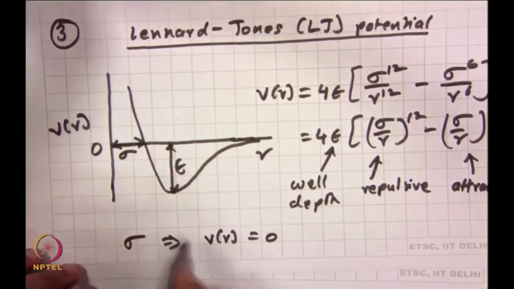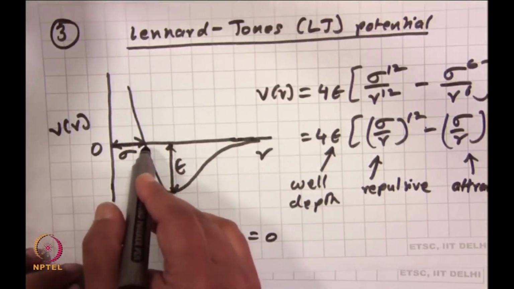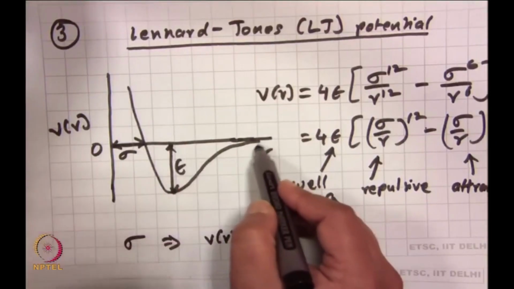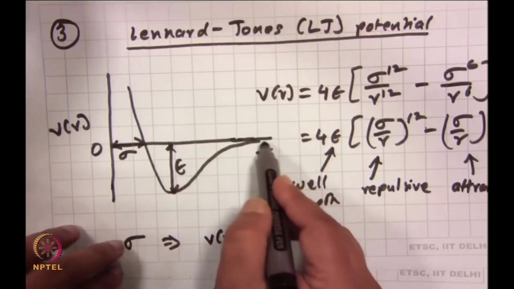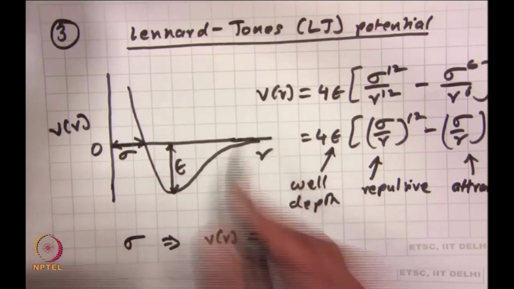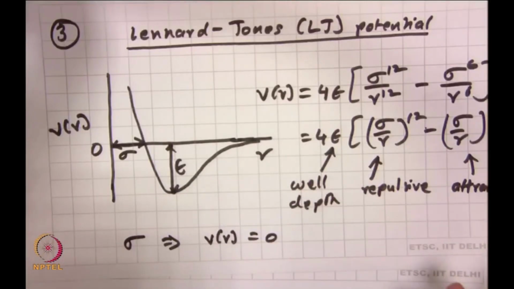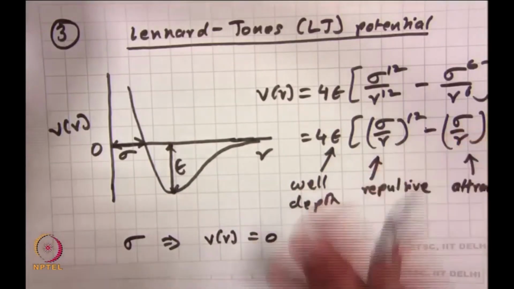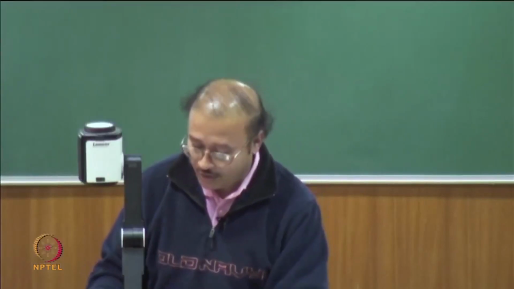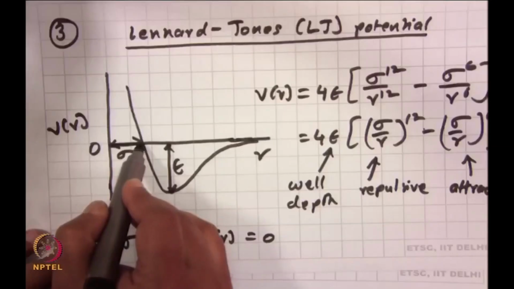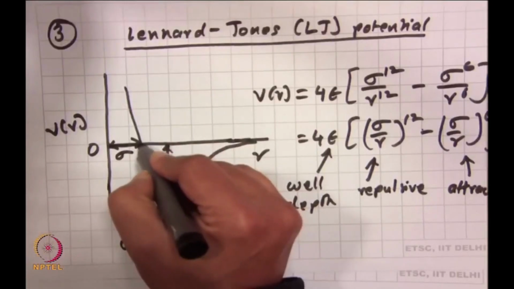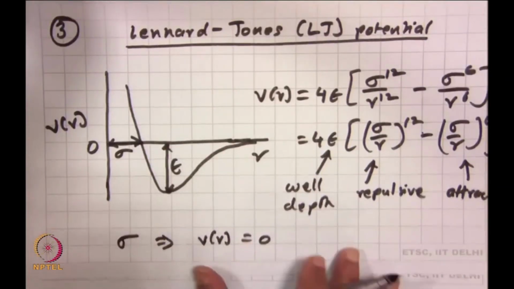Now, do not consider the fact that if you come on this side where r is very high, your V of r is also 0, right, because there is no interaction. But do not consider that point. I mean, it is no use. The way it is defined is, if you come here, then V of r is equal to 0. This is the point where V of r is equal to 0. Okay.